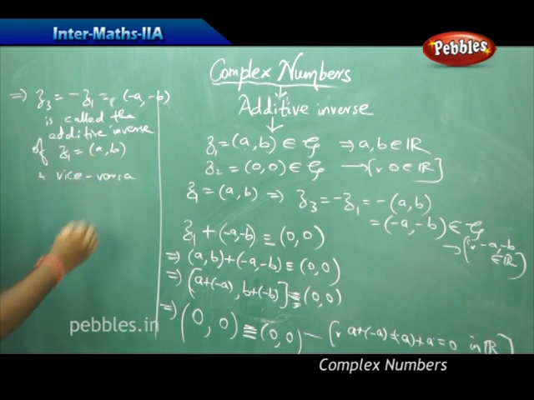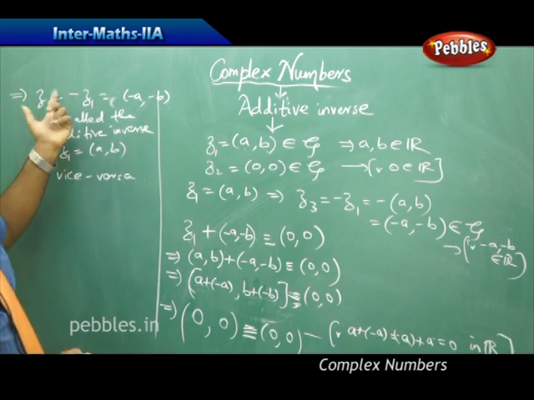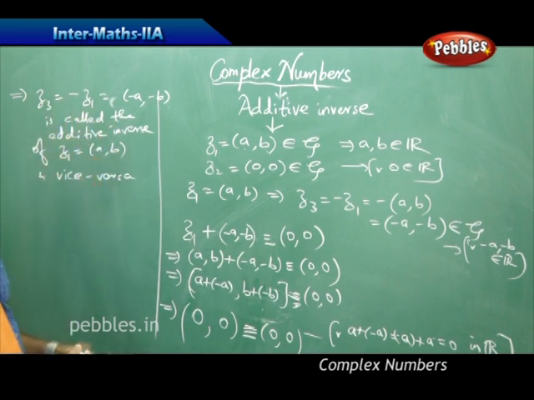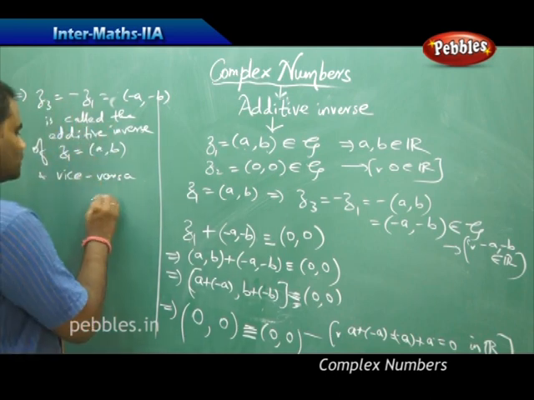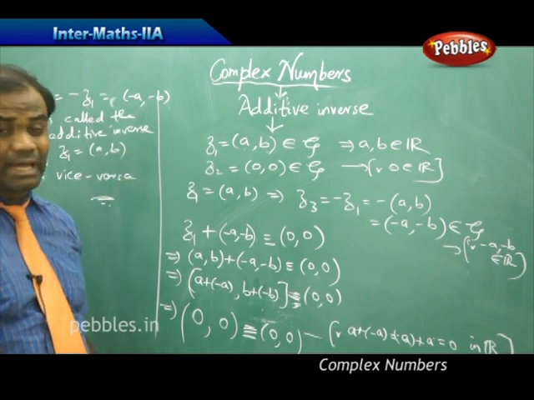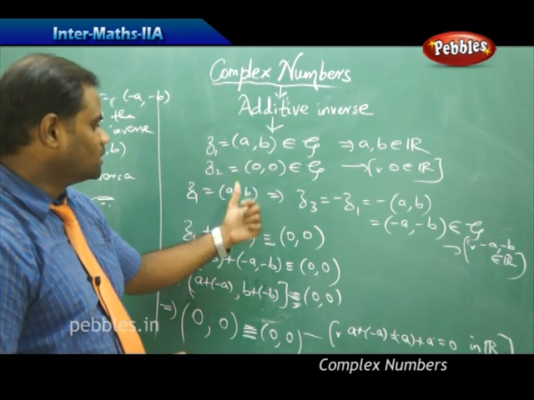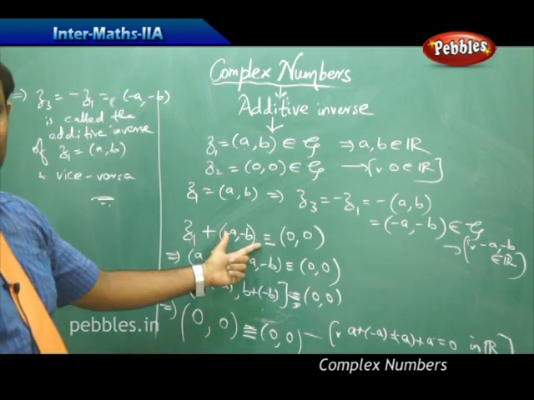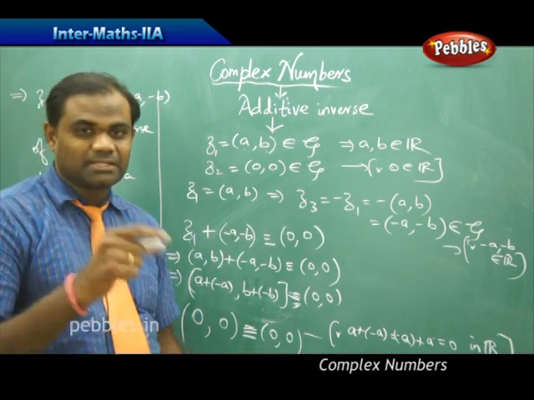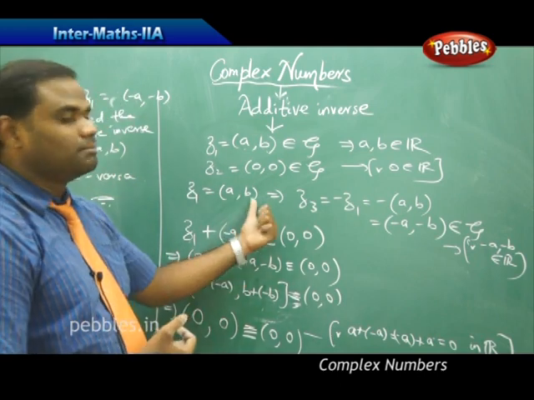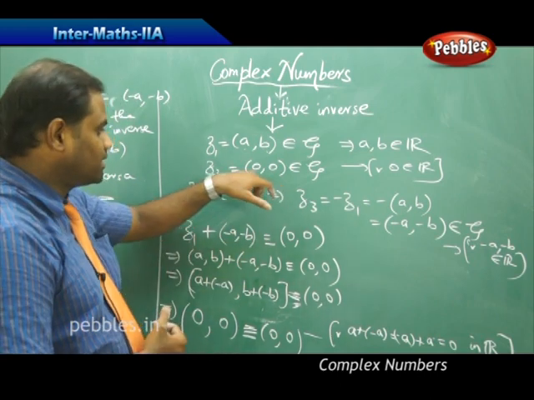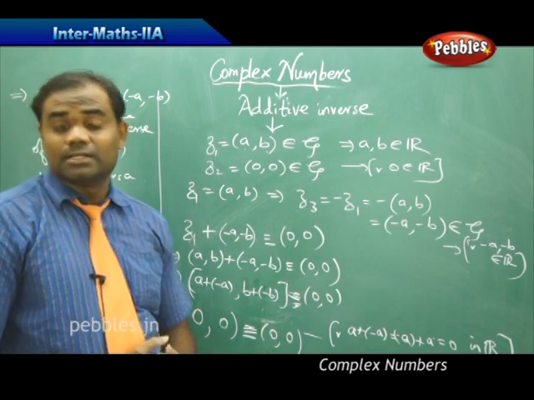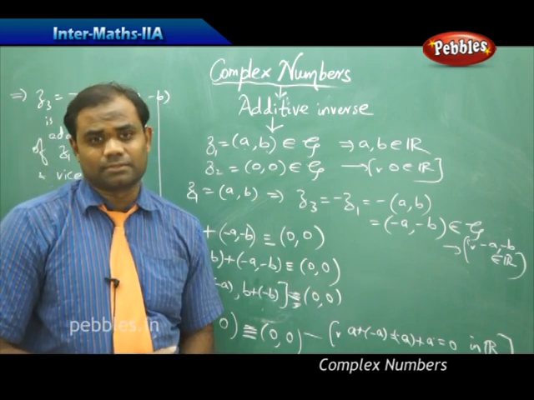That is, z1 is the additive inverse of z3 and z3 is the additive inverse of z1. That is how we understand that the additive inverse of (a, b) is (minus a, minus b), and the additive inverse of (minus a, minus b) is instead (a, b), giving the additive identity (0, 0).